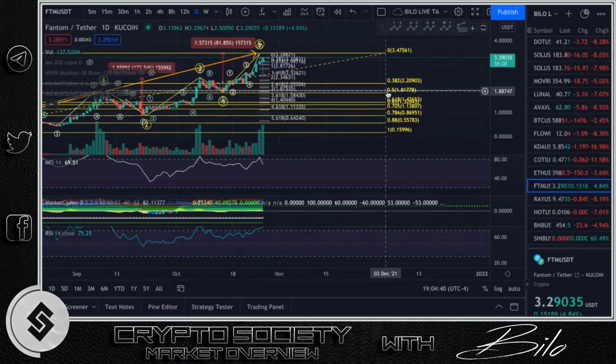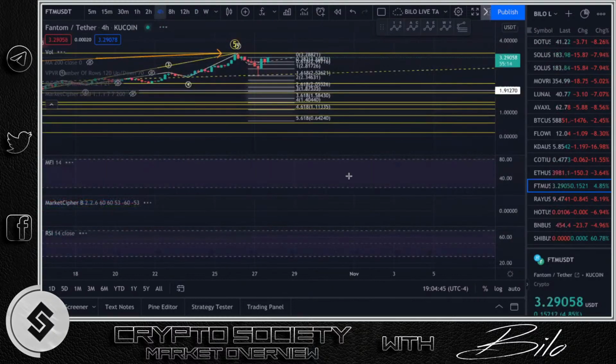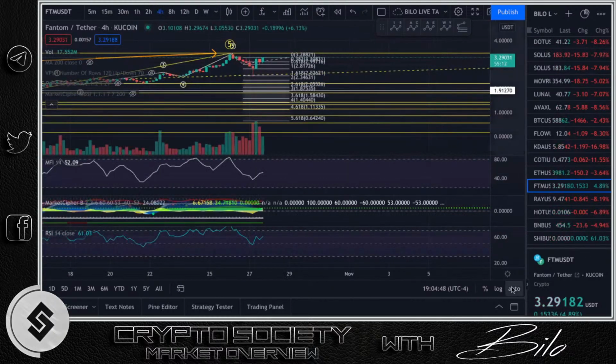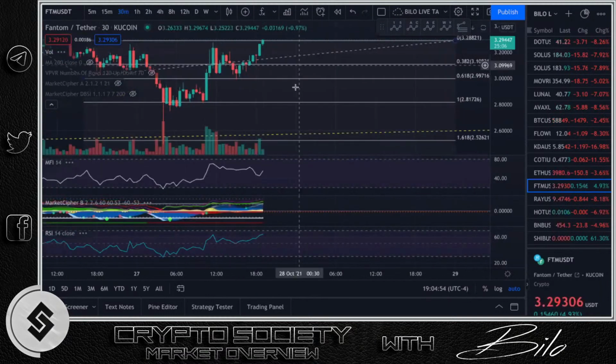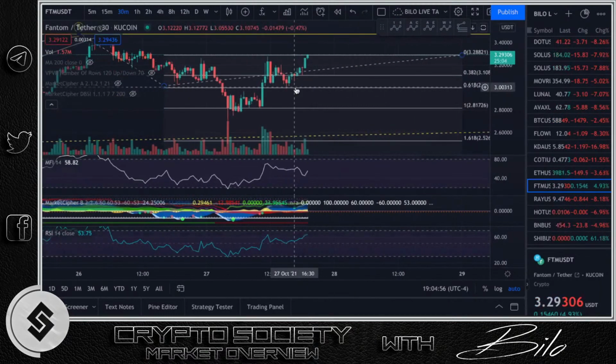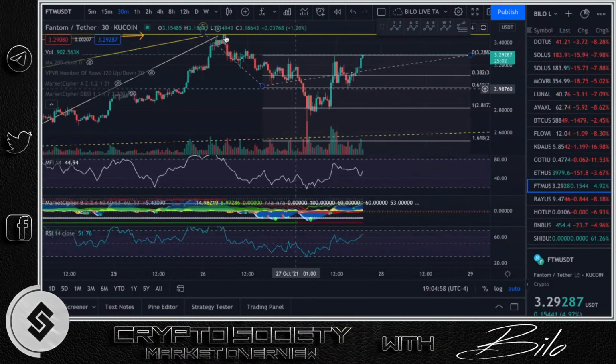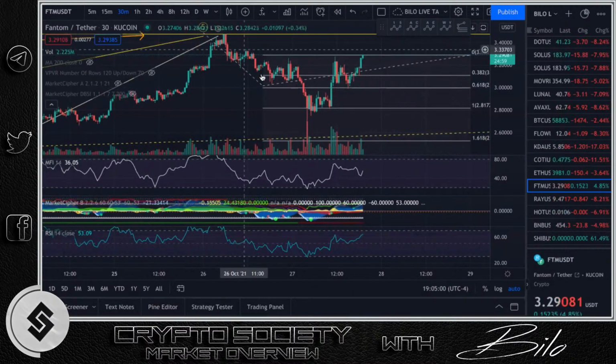Phantom is gonna melt faces, and it's starting now. You don't know what's going to happen with Phantom. I can't say it, but some big stuff is going on. That candle is going to be huge. $10, I'm telling you. Phantom is going to $10.